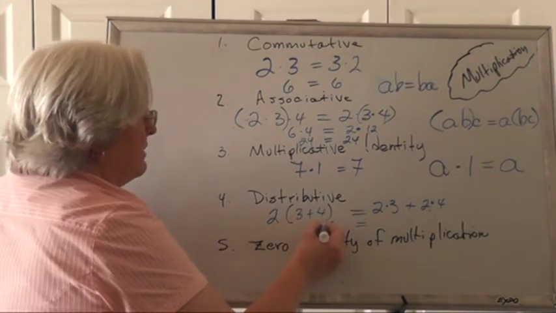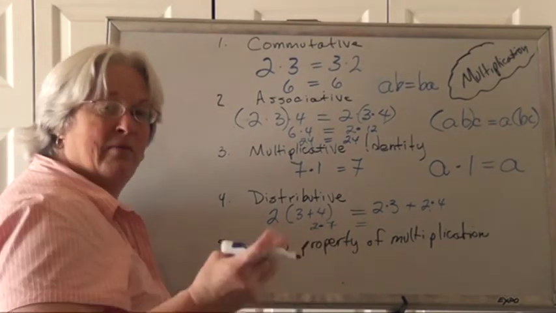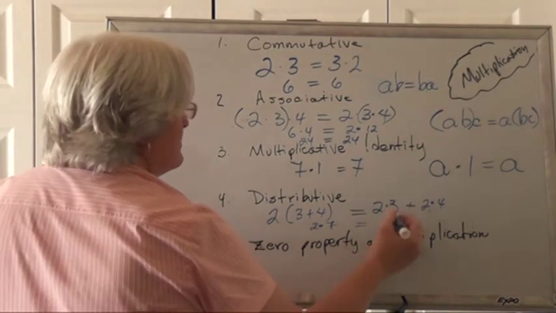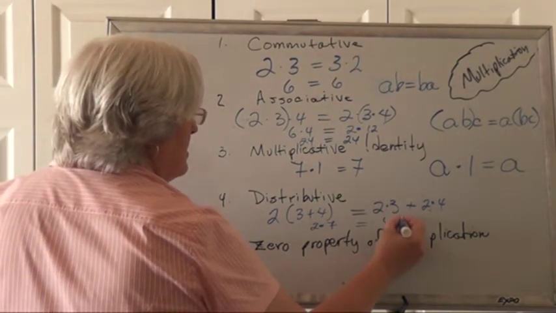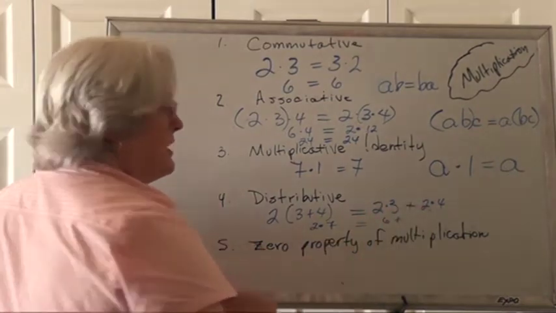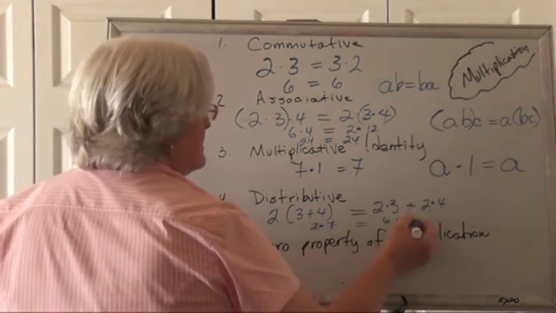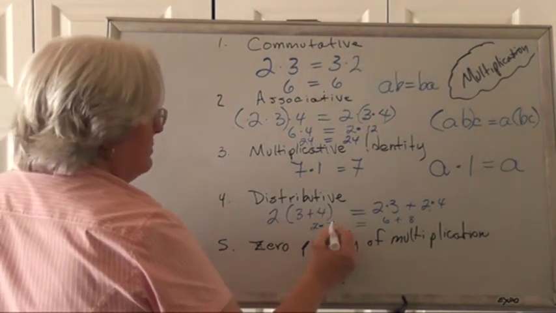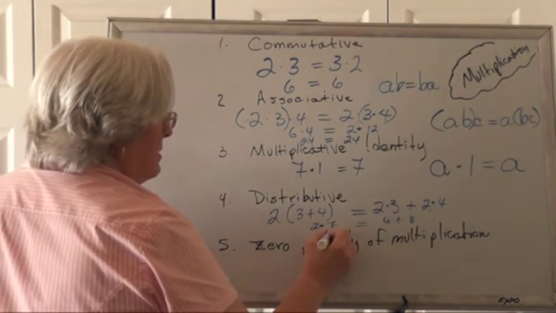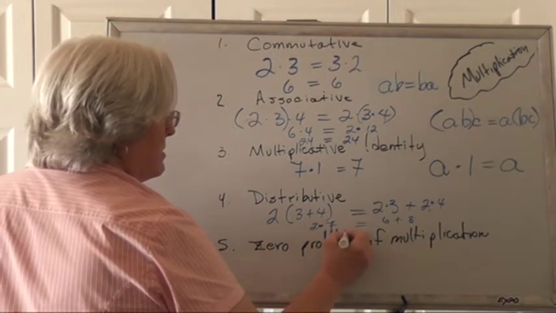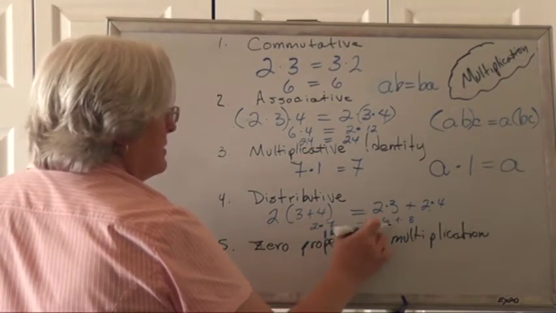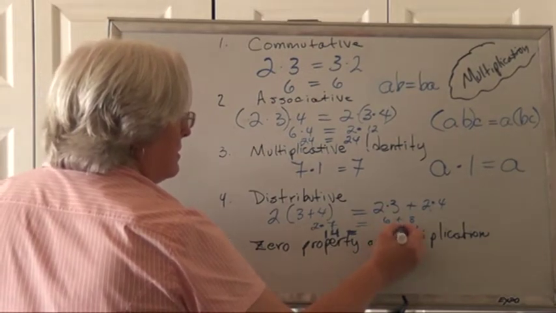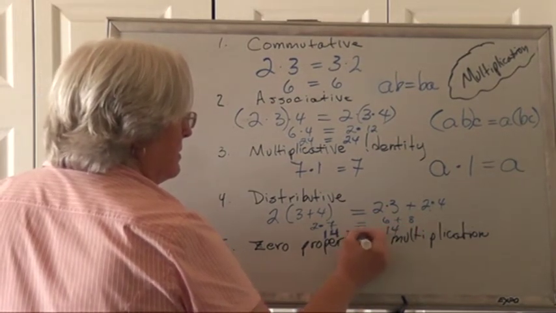Over here, we don't have any parentheses, but we have multiplication, which you have to do before you can do addition. 2 times 3 is 6, plus 2 times 4 is 8. So you have 2 times 7 is 14, is equal to 6 plus 8, which is also 14.